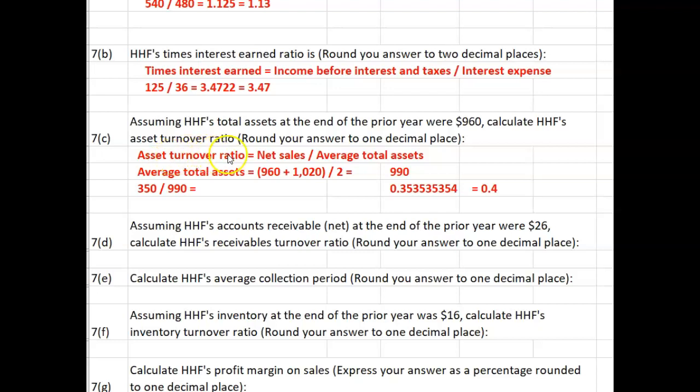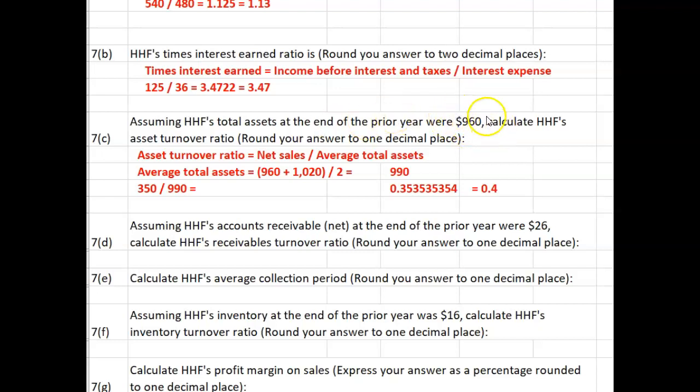The asset turnover ratio is calculated as net sales divided by average total assets. Average total assets are beginning plus ending divided by 2. And last year's ending balance of total assets is this year's beginning balance of total assets.